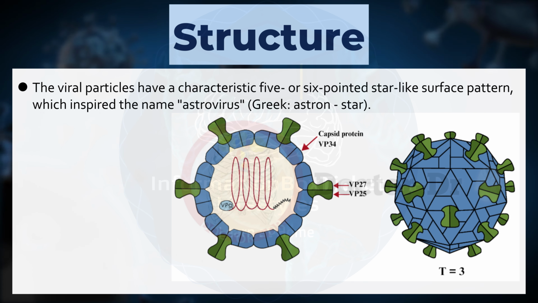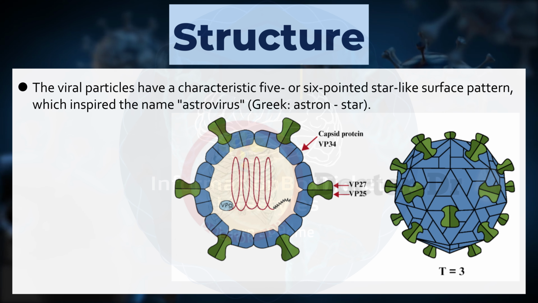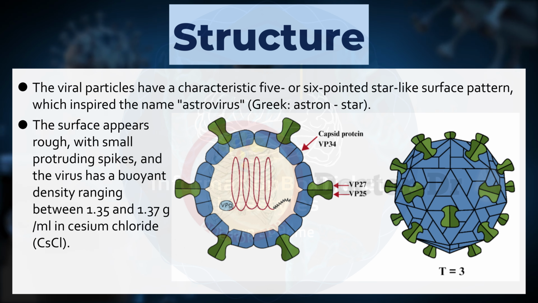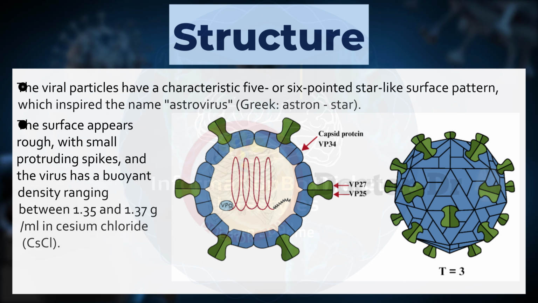The viral particles have a characteristic 5- or 6-pointed star-like surface pattern, which inspired the name Astrovirus, Greek, astron, star. The surface appears rough, with small protruding spikes, and the virus has a buoyant density ranging between 1.35 and 1.37 gram per milliliter in cesium chloride.